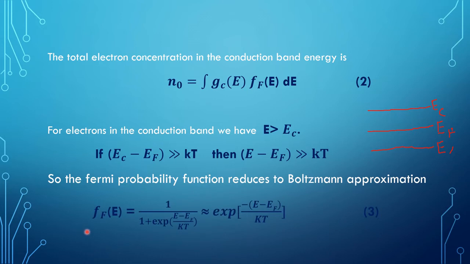We know the Fermi function Fe = 1 divided by 1 plus exponential of (E minus EF) by kT, which is nearly equal to, if we reciprocate this function, exponential of minus (E minus EF) divided by kT. This is equation number 3, and this is the reduced form of the Fermi probability function in the Boltzmann approximation.